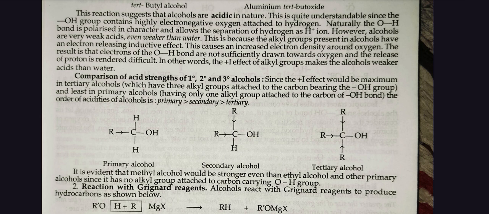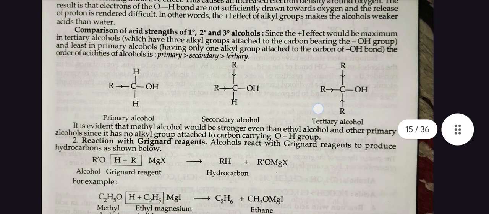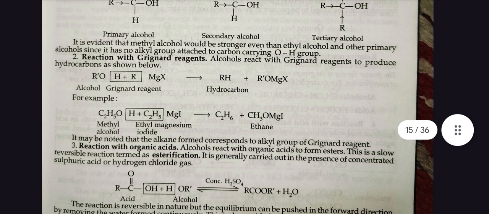It is evident that methyl alcohol would be stronger even than ethyl alcohol and other primary alcohols since it has no alkyl group attached to the carbon carrying the OH group.